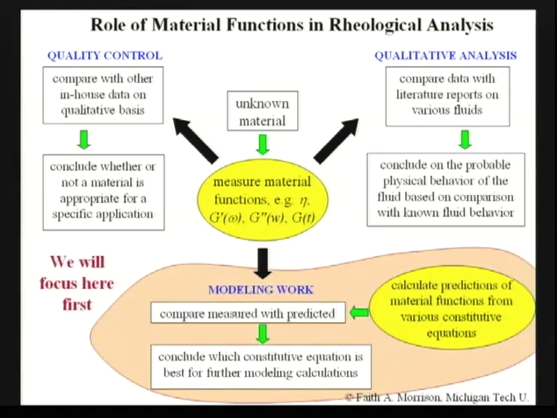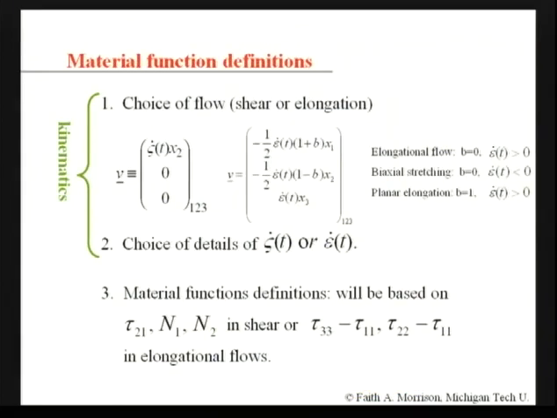So we're going to be doing this part. We're going to be predicting material functions and comparing them to measured ones and using them to decide what constitutive equations are best for our material. All right, so now the definition of a material function comes in two parts. And the two parts are the kinematics and then the actual definitions themselves.